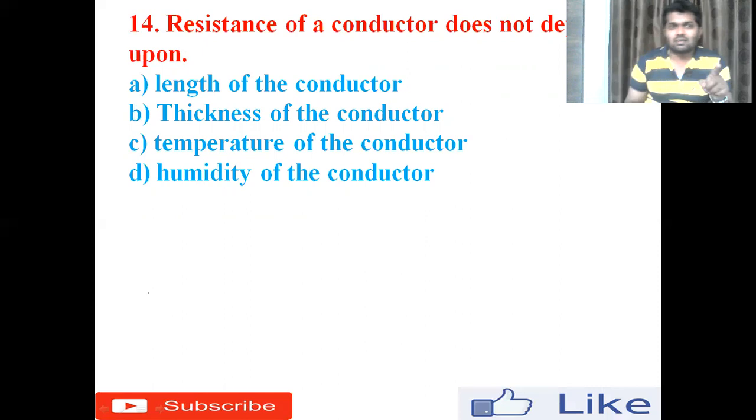See, resistance basically depends on the length of the conductor, material of the conductor, thickness of the conductor, and temperature is also one of the important factors to decide the resistance, right? So in a metallic conductor, if the temperature increases, the resistance increases. And come to the humidity.